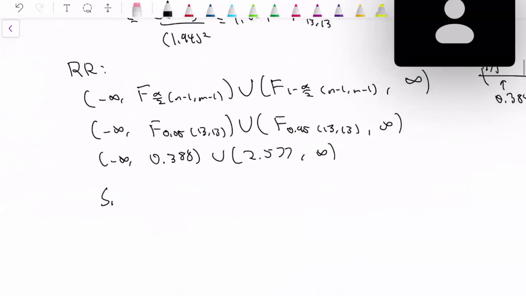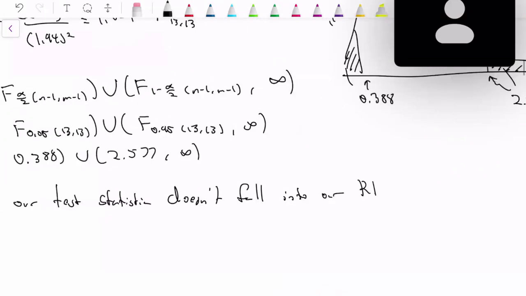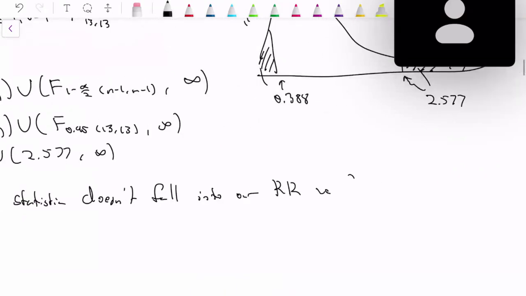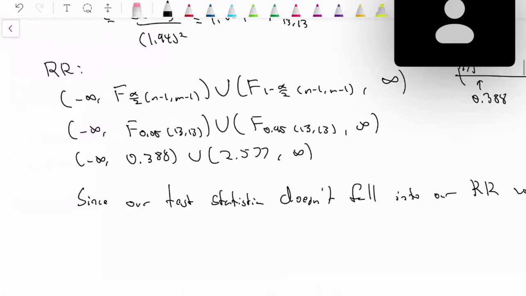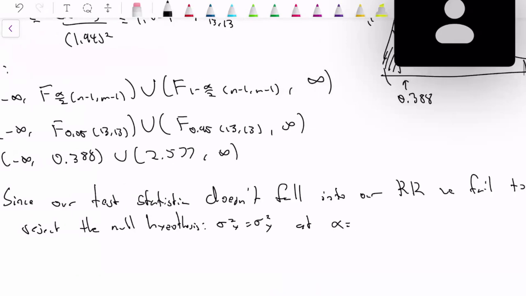So then our conclusion will be, since our test statistic doesn't fall into our rejection region, we fail to reject the null hypothesis, sigma squared X equal to sigma squared Y at alpha equal to 0.1.